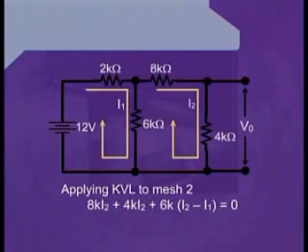And because for mesh 2, no voltage or current source has been involved, we reach back at our starting point. Hence, we put all these terms equal to 0. Simplifying this expression, we can write 18K I2 minus 6K I1 is equal to 0.